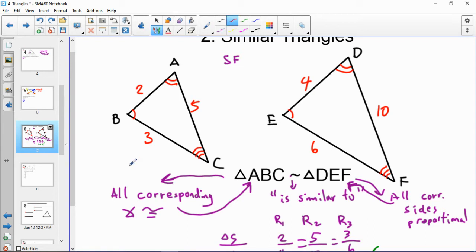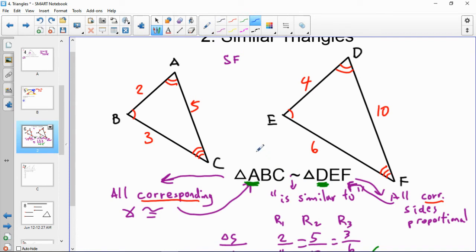One last thing you should understand about corresponding is that not only do you not always have to just match it by the shape, but if they give you a similarity statement or a congruent statement, it would always be written out so that the order of the letters is already corresponding. So for example, if I do angle A is the first letter, the corresponding angle is angle D, which is also going to be the first letter.